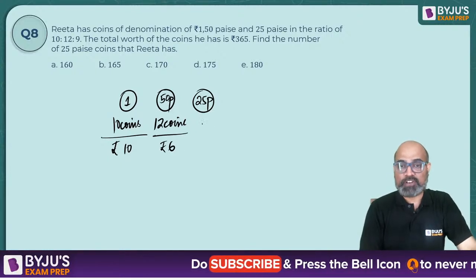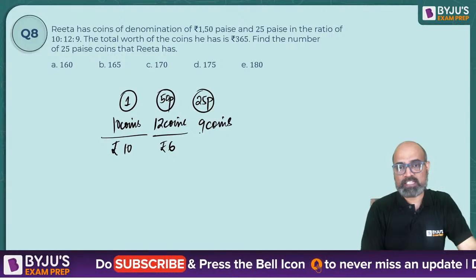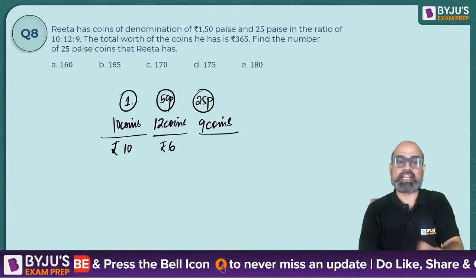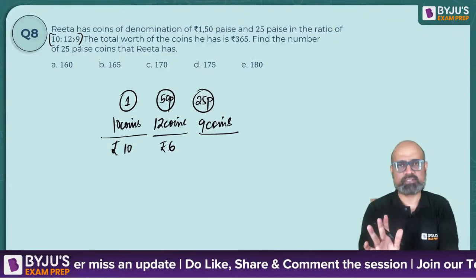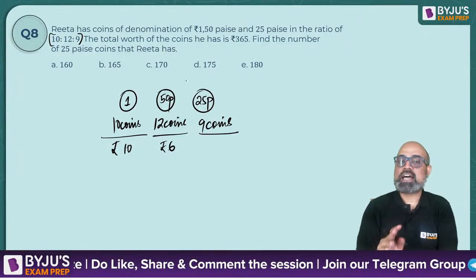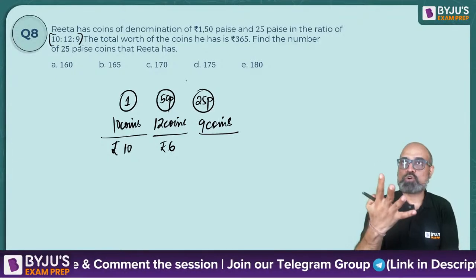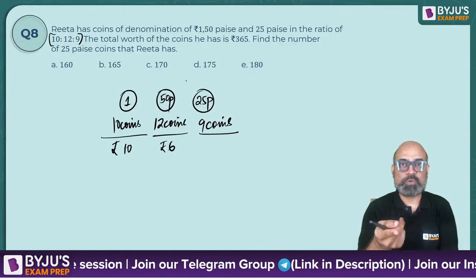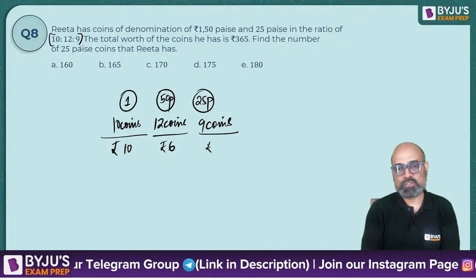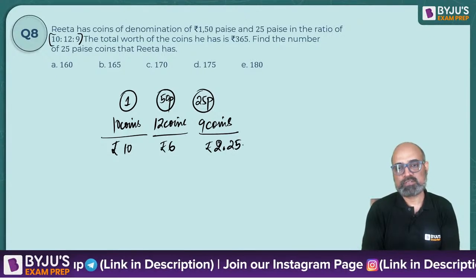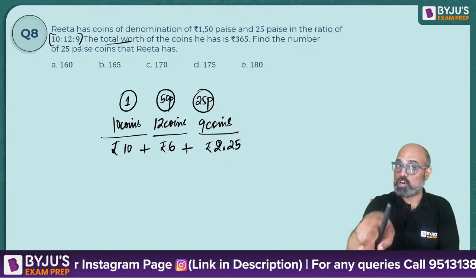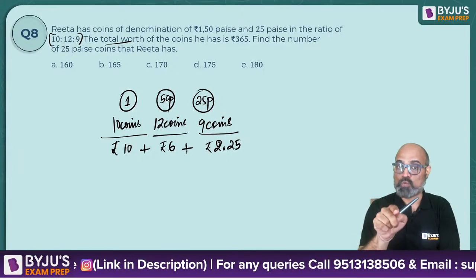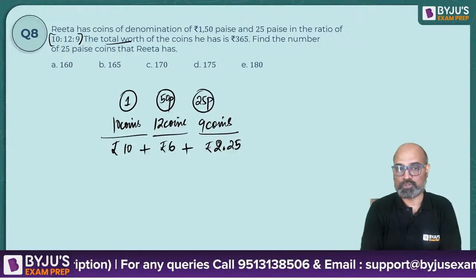Now, if you have 9 coins of 25 paise, where did this 10, 12 and 9 come from? ये जो given है मैंने यही मान लिया, ये इतना ही है. So if you have 9 coins of 25 paise, 4 coins of 25 paise result in 1 rupee. So 9 coins will result in 2 rupees and 25 paise. What is the total worth of coins she has? Not what is given in the question right now. What we have figured out so far.